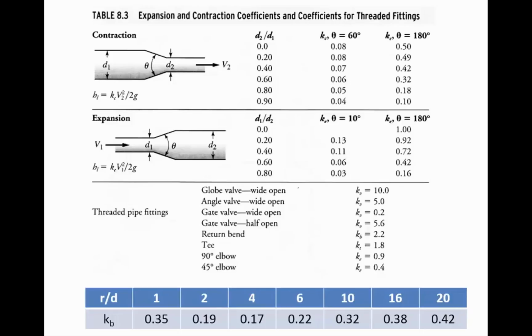But look how what we would expect is occurring at first: as the R to D gets bigger, meaning you've got a long radius relative to the diameter, the K value is coming down, and it's going down again, but then it starts to increase again. So any guesses on why all of a sudden you'd start losing more energy after making that transition more gradual and longer?